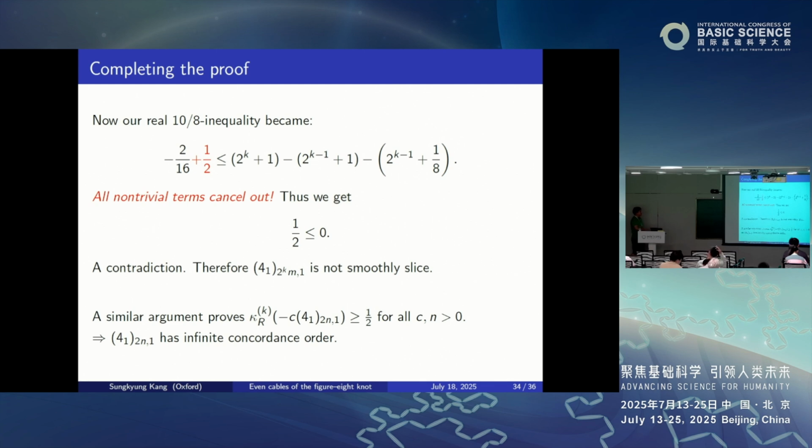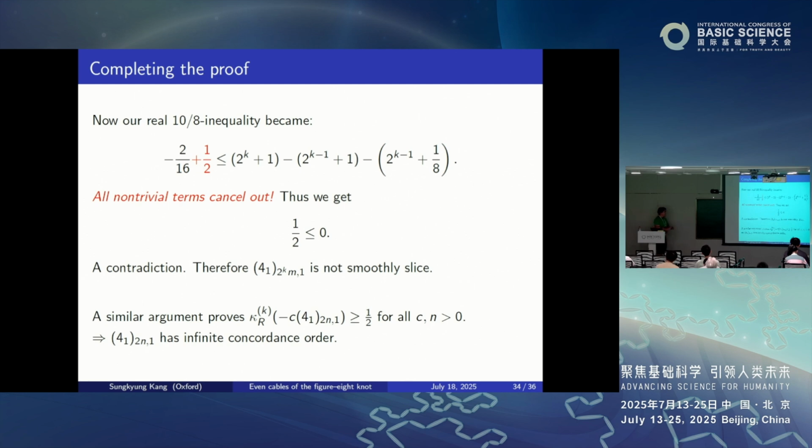You're left with 1 over 2, which we freely get, because this is always bigger than that. Everything else cancels out, so your inequality becomes 1/2 is less than or equal to 0, which is a contradiction. That's why we really needed this extra 1 over 2, because otherwise we'd get 0 and 0, which would not give us anything.